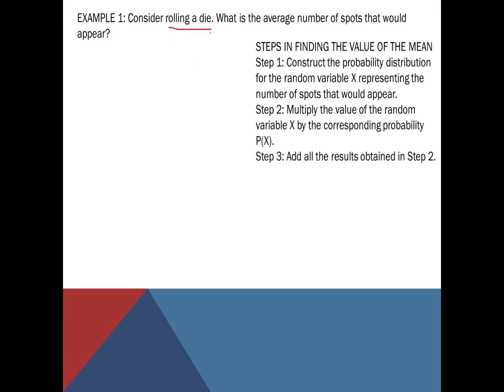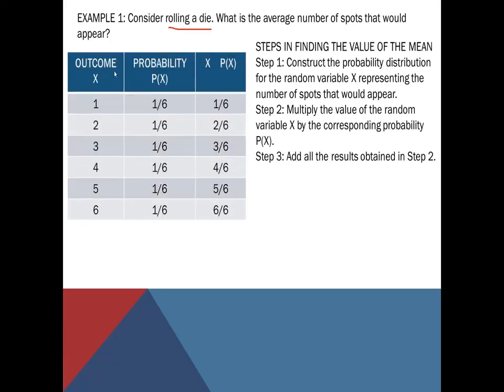Rolling a die, right? And we know that each die has 6 faces, and each face has a number of spots. So we have here the outcomes. This is the random variable x.